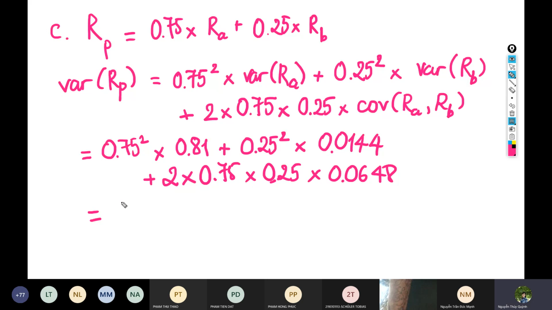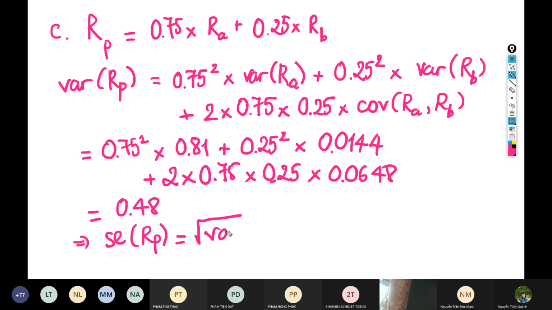0.48. For 8. All right, and what is the standard error? The standard error will be the square root of 0.48 divided by... The standard error is what we use for the sample standard deviation.